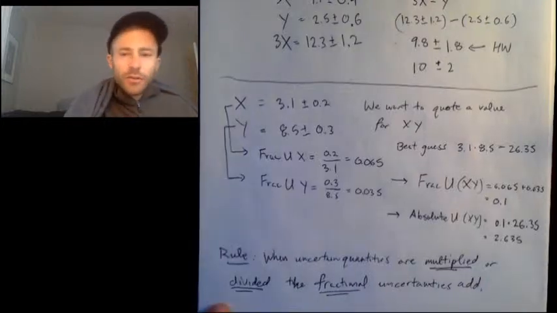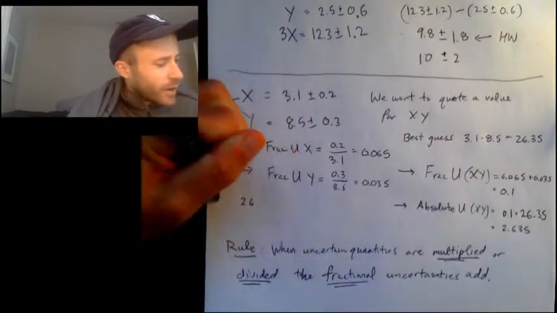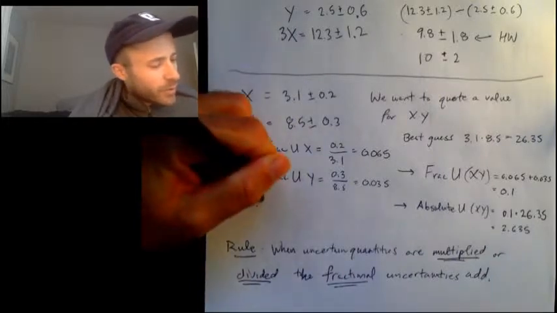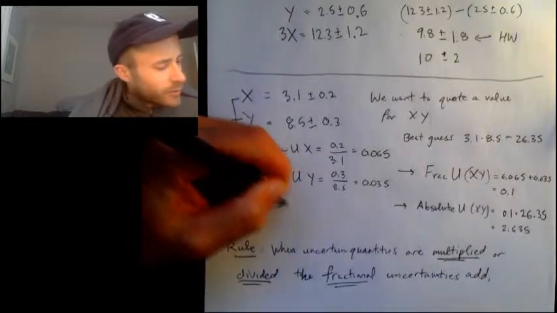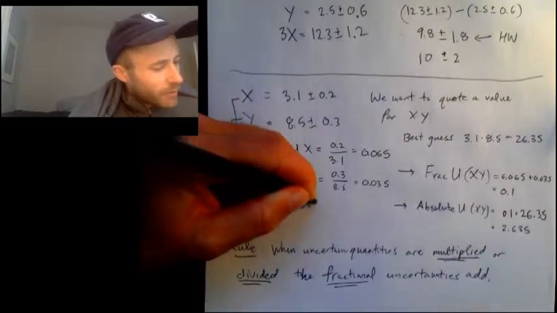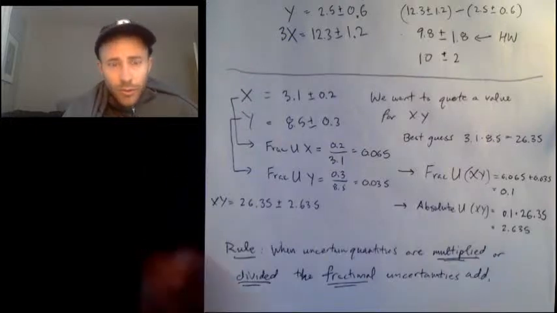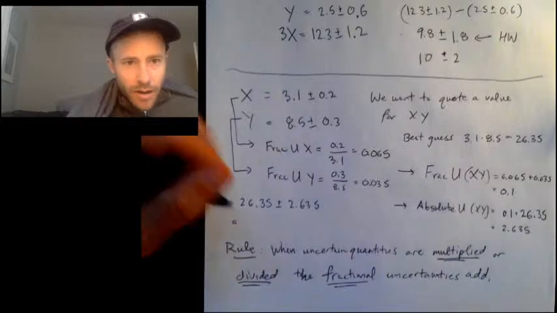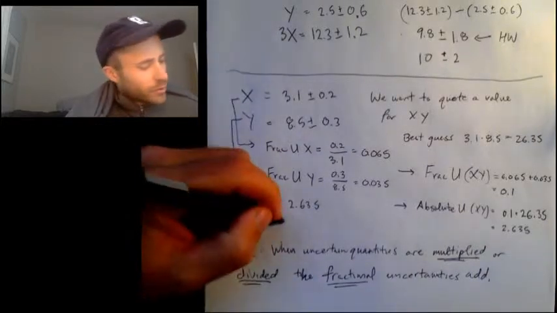Okay, so I quote a value. x times y equals 26.35 plus or minus 2.635. Now I'm going to round this, which you won't do in your homework, remember, but when you write an IA, that's what you want to do. So I round this, and this rounds to 3.